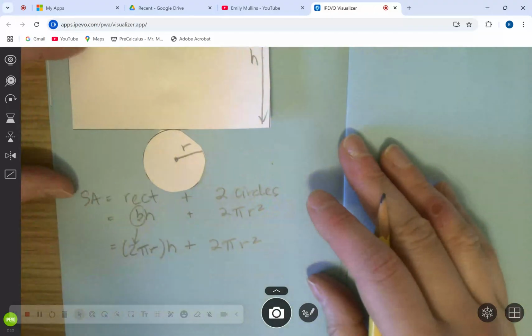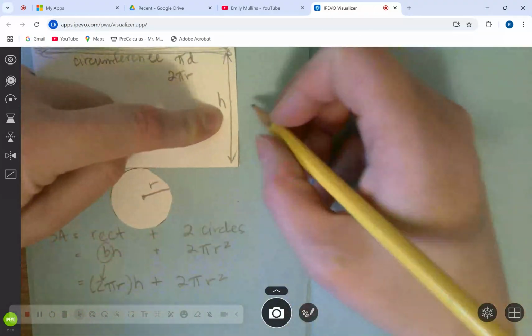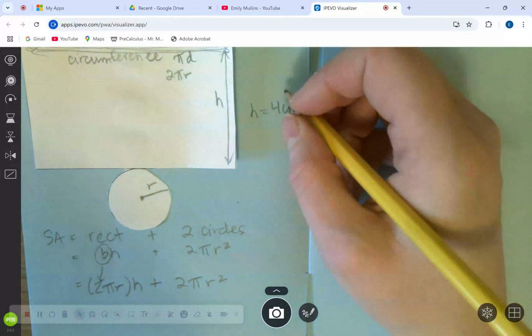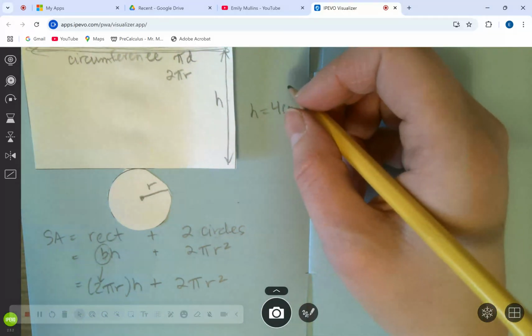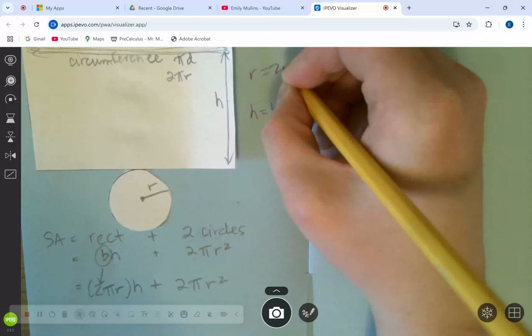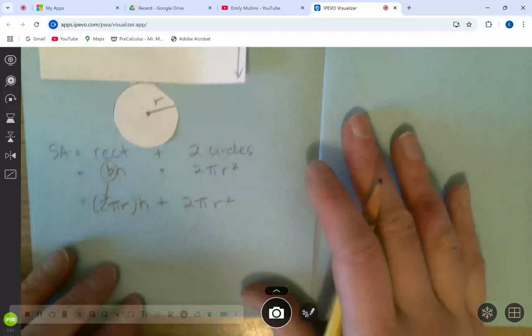This is really different. So when I measured with a ruler on this one, I found that my height was about 4 centimeters, and I found that my radius was about 2 centimeters. So let me go ahead and plug in those numbers.